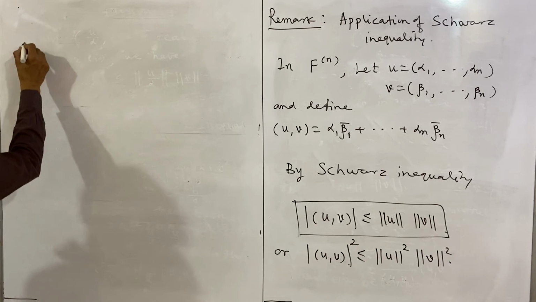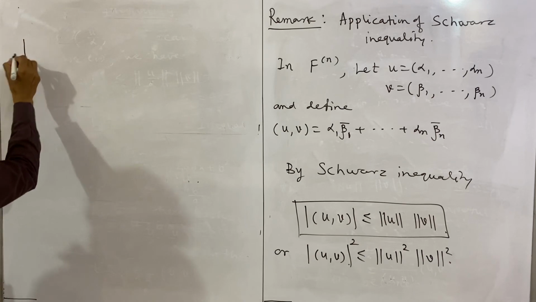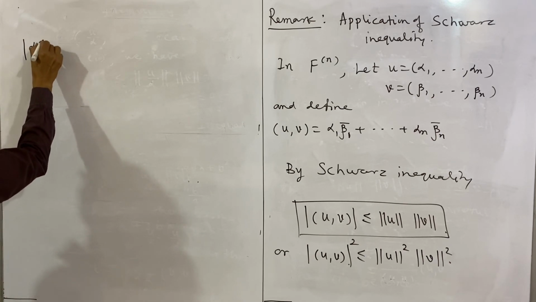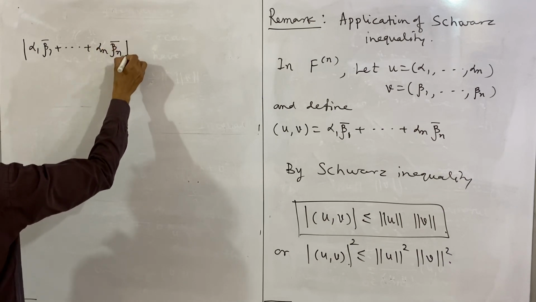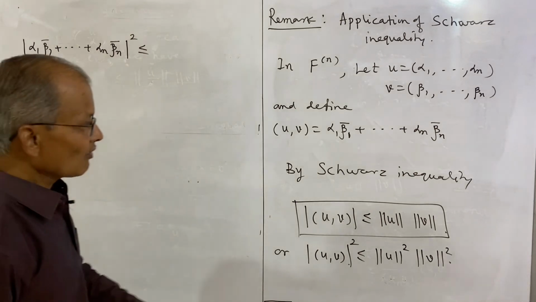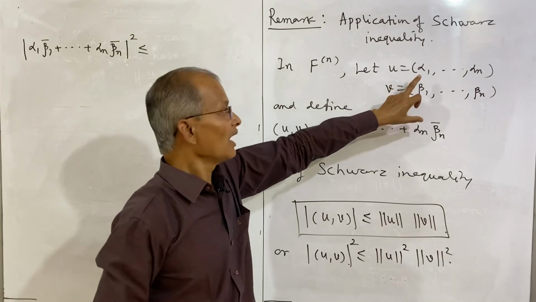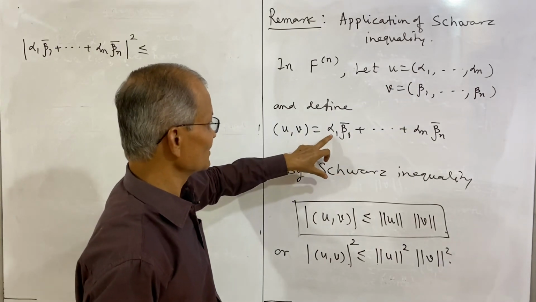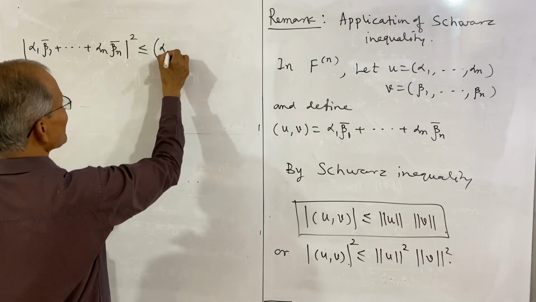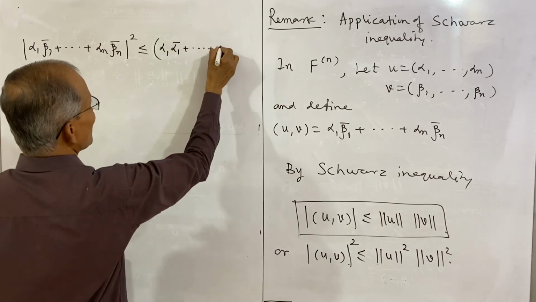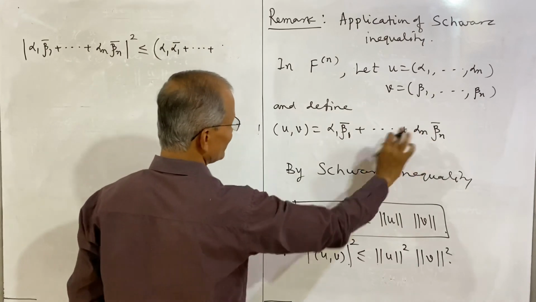Now, what is the square of this? We get modulus of this inner product, that is mod of alpha 1 conjugate beta 1 etc. alpha n conjugate of beta n, whole square, is less than or equal to the norm square, meaning inner product of u with itself. That will be alpha 1 times alpha 1 conjugate plus so on, up to alpha n conjugate, because u and v are the same, and beta is replaced by alpha.